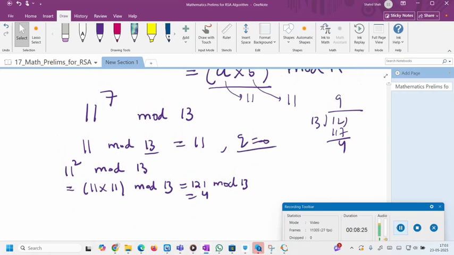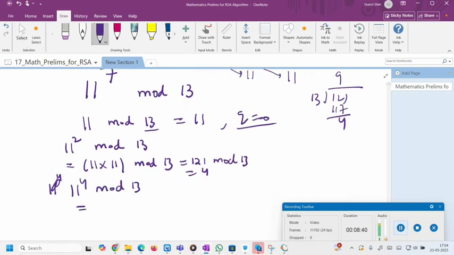Now let's do next 11 to the power 4 mod 13. How will we proceed? We can write this as 11 square times 11 square mod 13.